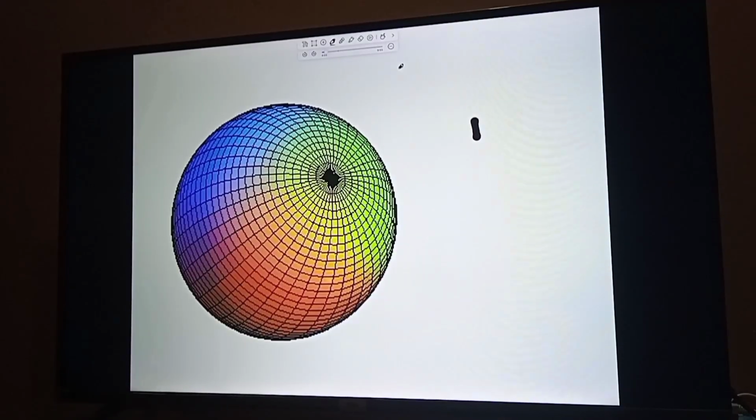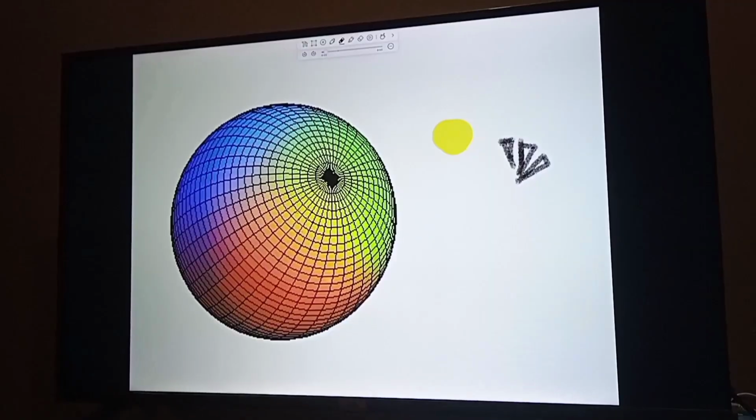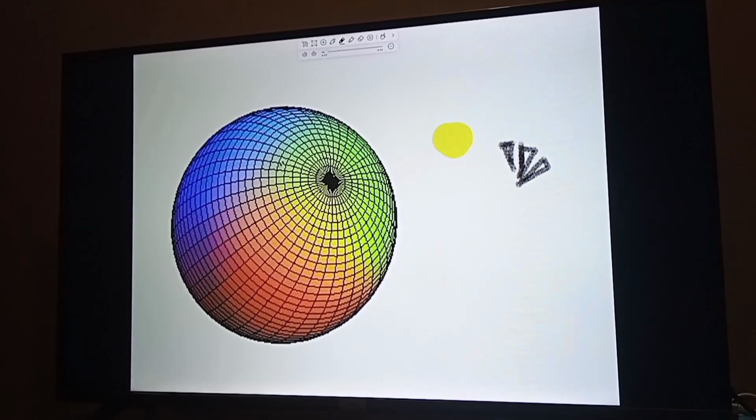If you combine these pyramids, like these squares, this is one pyramid shape, this is another one, and this is another one, and when you combine them, this will give this spherical shape.